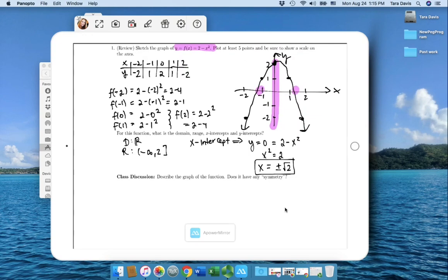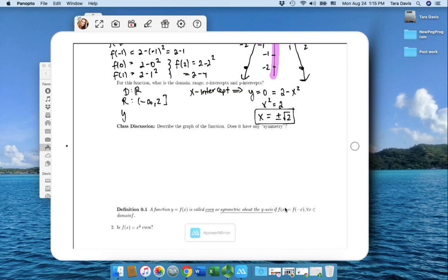And to find the y-intercept, that just means when x equals 0, I have to plug it in. In fact, we did that already, and you can see it on the graph of the function. So I don't need to repeat my computation. I know that the y-intercept, which is when x is equal to 0, is 2.